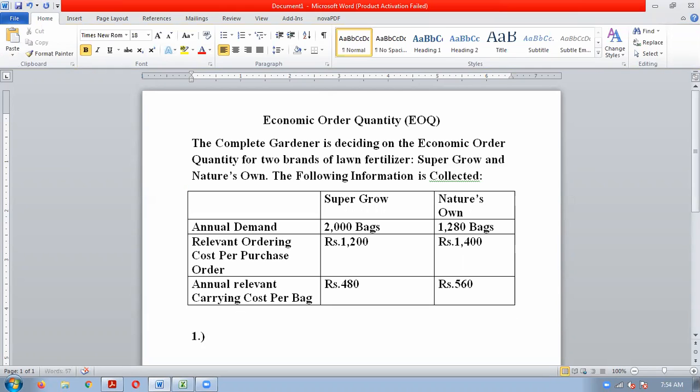First, compute the EOQ for Super Grow and Nature's Own.